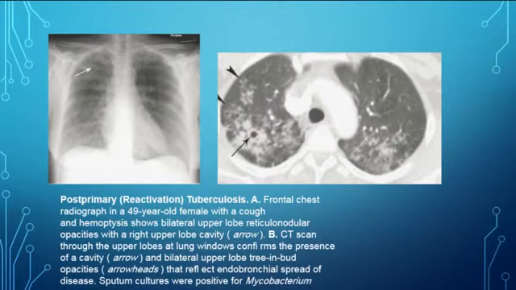But how does it go from the lower to the upper lobes? It goes via hematogenous spread. The post-primary disease spreads from the primary site to the apex via hematogenous spread. From the blood it goes everywhere, and it will go into areas where more oxygen is available.